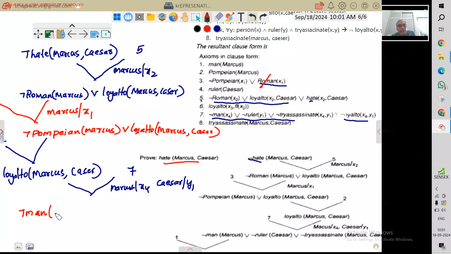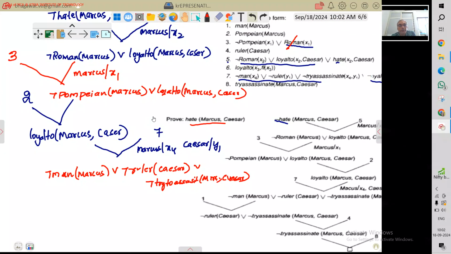Now what is x4? x4 is Marcus, so we write Marcus, or negation ruler of y1, and y1 is Caesar, or negation try to assassinate x4, that is Marcus comma Caesar. This is the resolvent clause we have got.